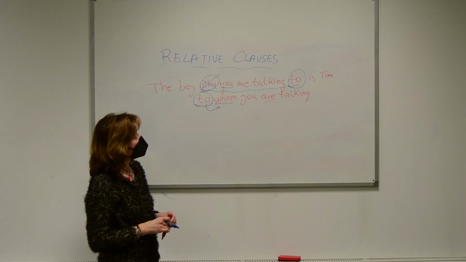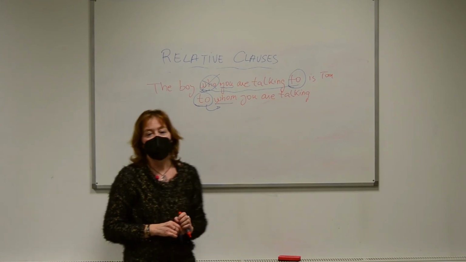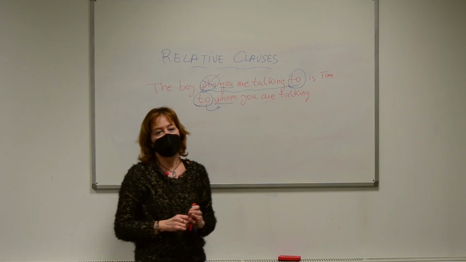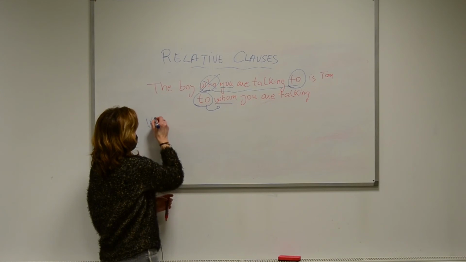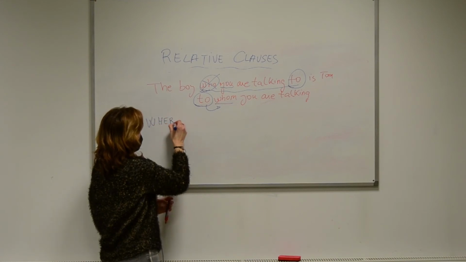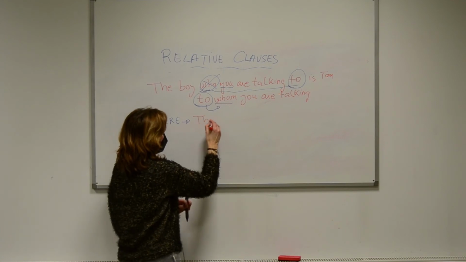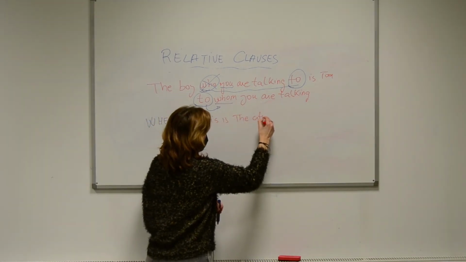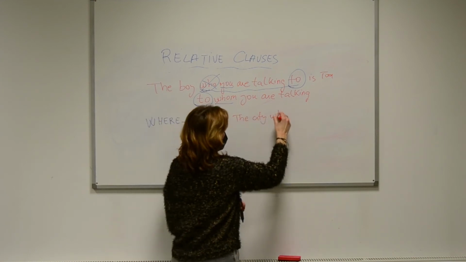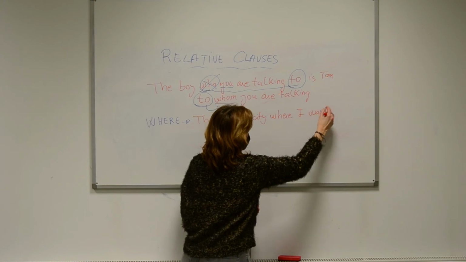And the last thing I'm going to explain to you are other relative connectors that are used in relative clauses. For example, where. Here, this is the city where I was born.